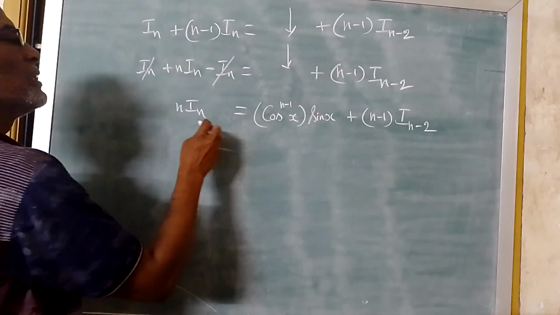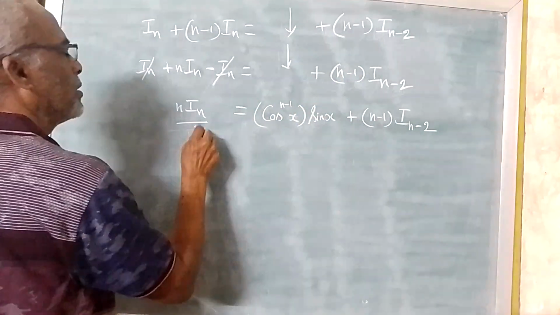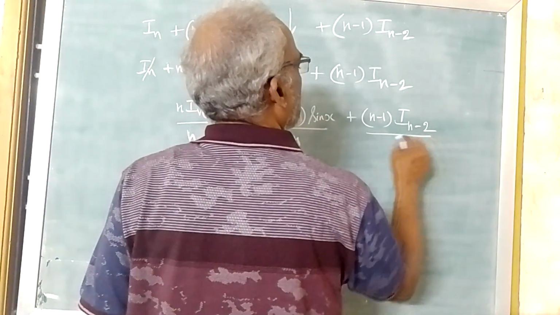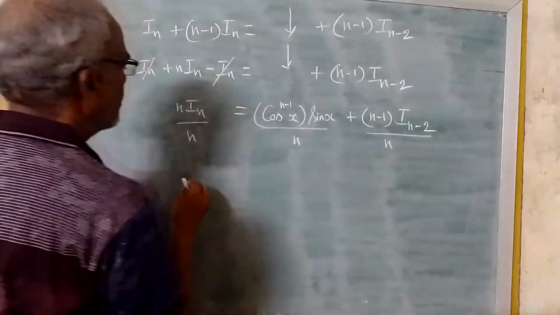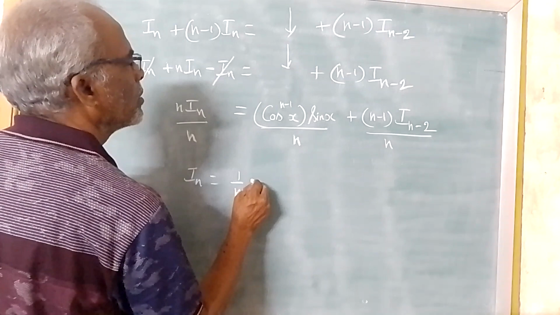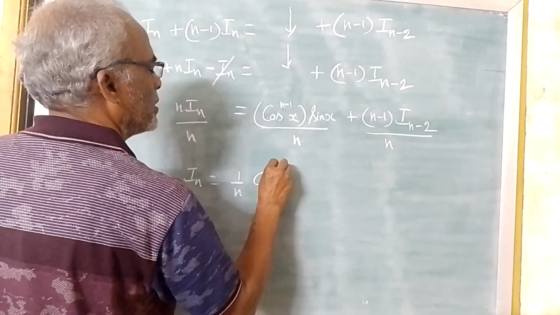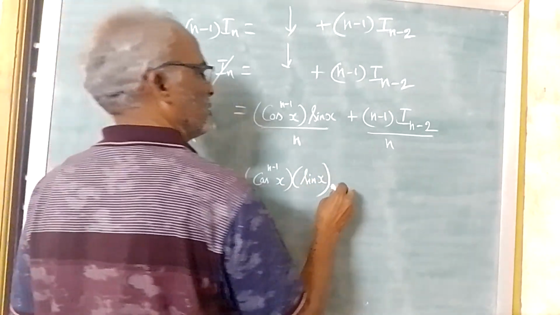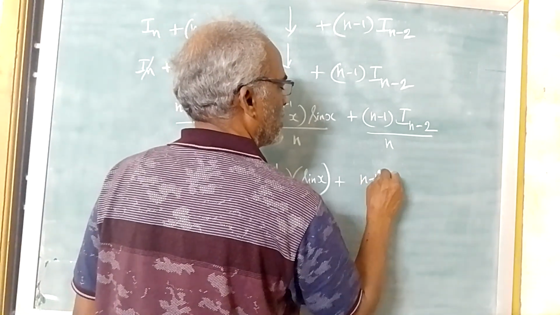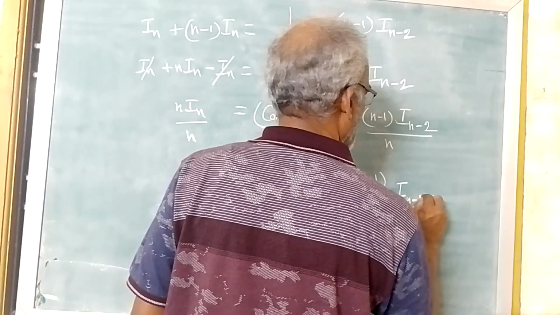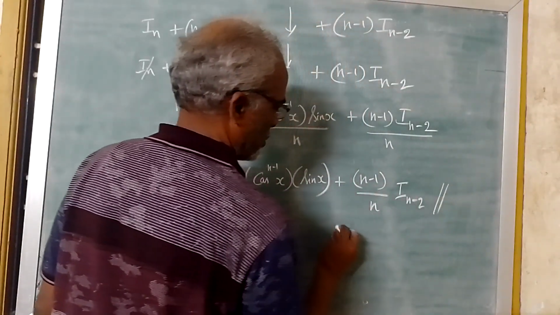Now divide this equation by n. Now this results in I_n is equal to 1 by n cos^(n-1)x into sin x plus (n-1) by n into I_(n-2).